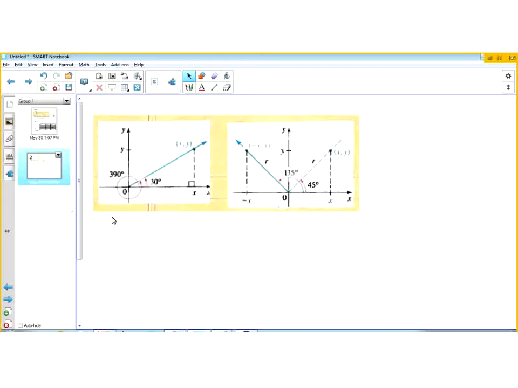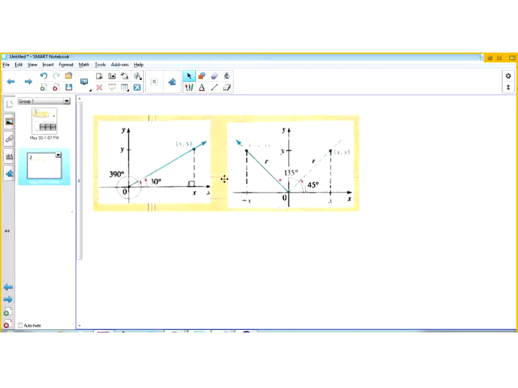That's what's shown in the first illustration. And then in the second illustration, I show you the orientation of a 45-degree angle and a 135-degree angle. So you can see the terminal point for the 135-degree angle.